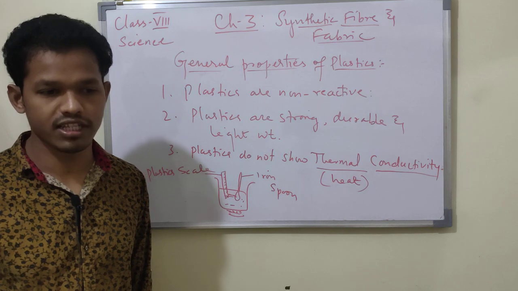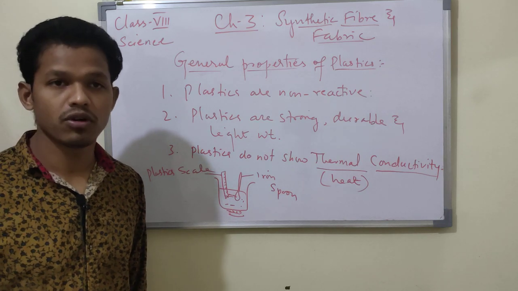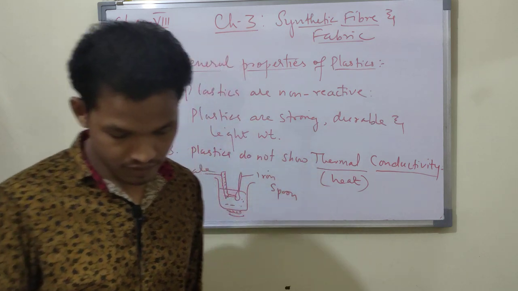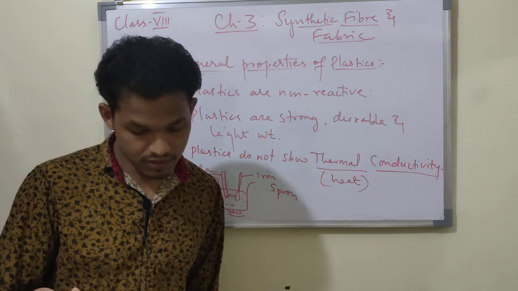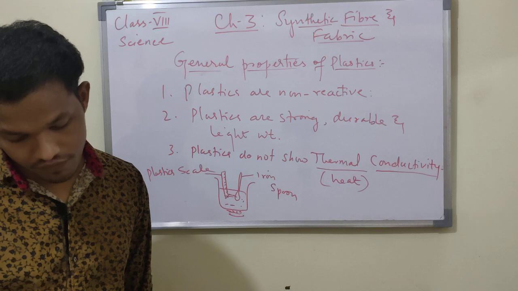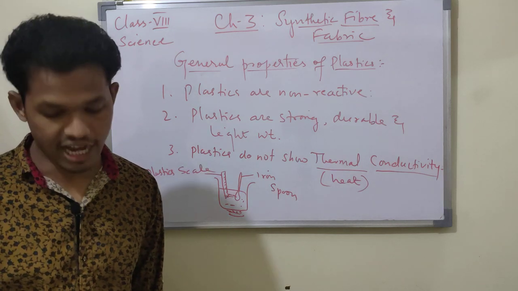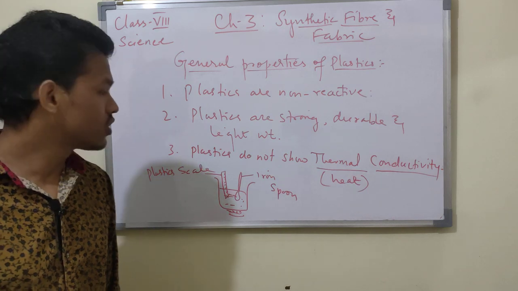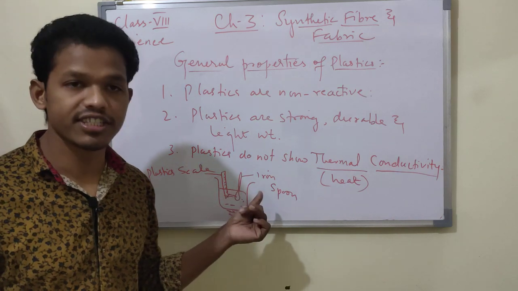If you look at the handles of some articles, we can see the handle of an electric iron, or an electric pan. So these are used because of this reason.